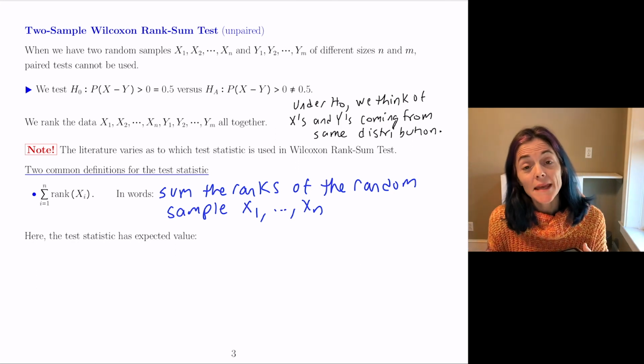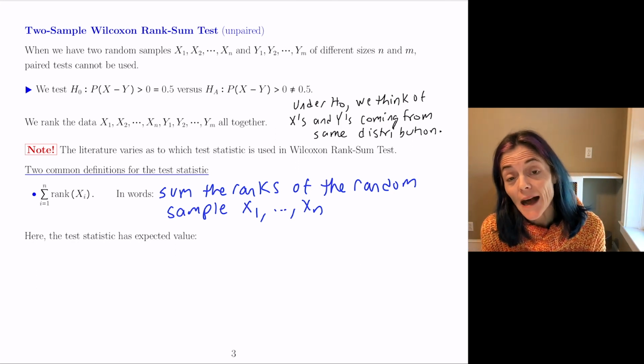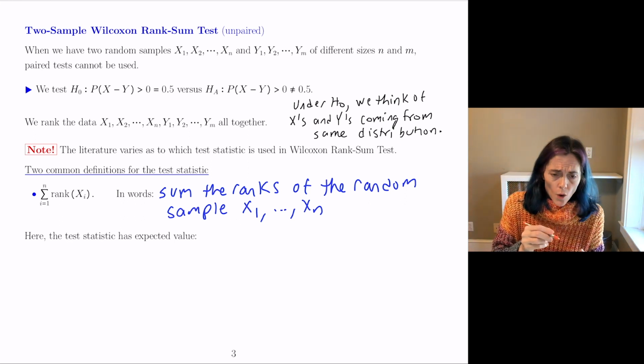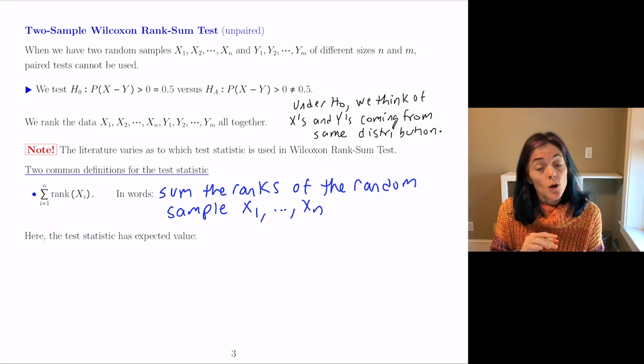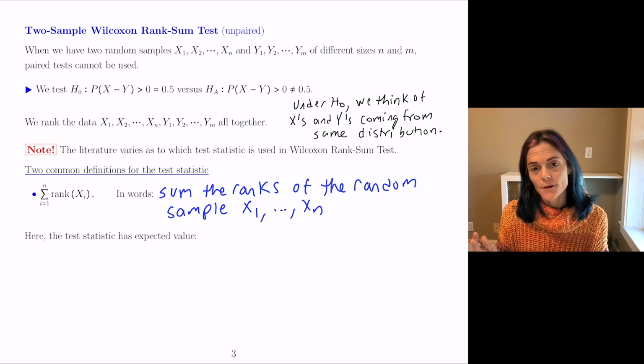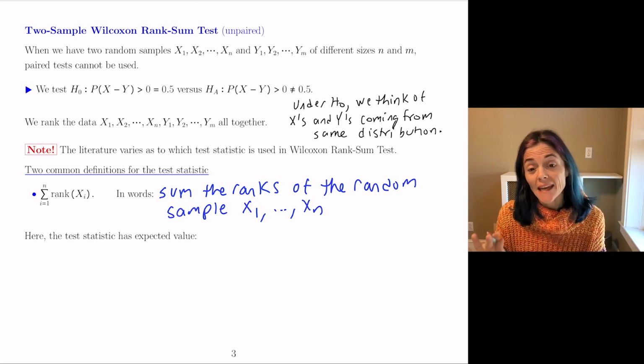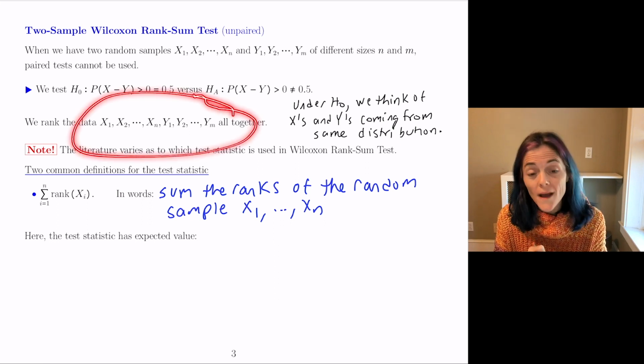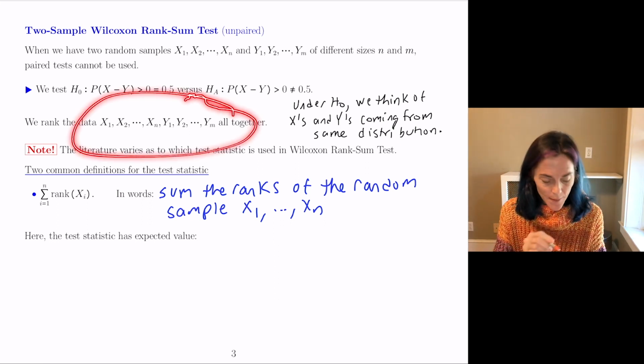Well, what would be the expected value of this test statistic? Okay, let's think for a moment. Unlike in the signed-rank test, we're not ranking n numbers. We're ranking n plus m numbers. So the possible ranks are 1 through n plus m.